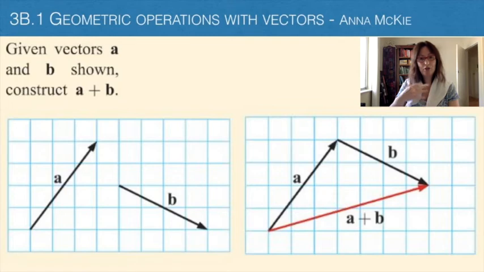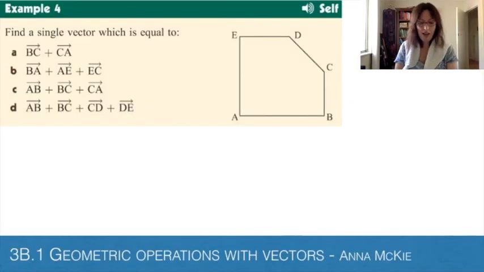And then to draw A plus B, as in one go, you connect the beginning of A to the end of B. And for a single vector, looking at this diagram here, we need one vector that's the same as B to C, and then C to A. So where did we start?